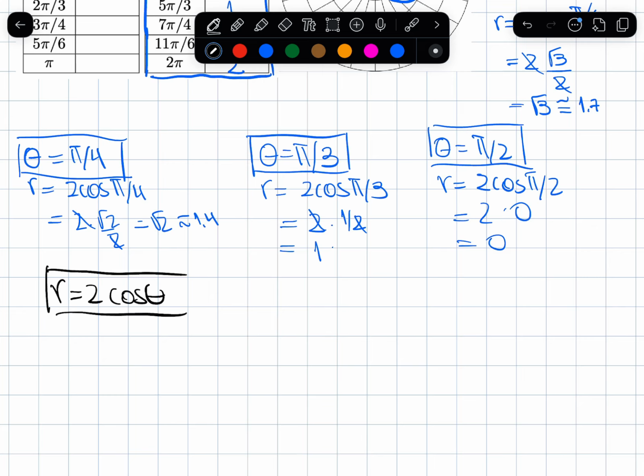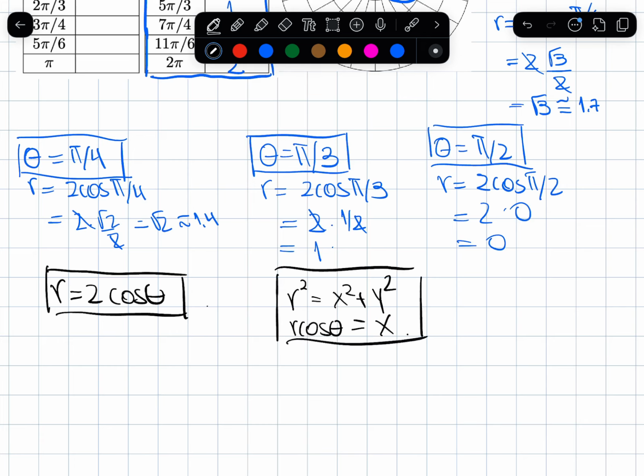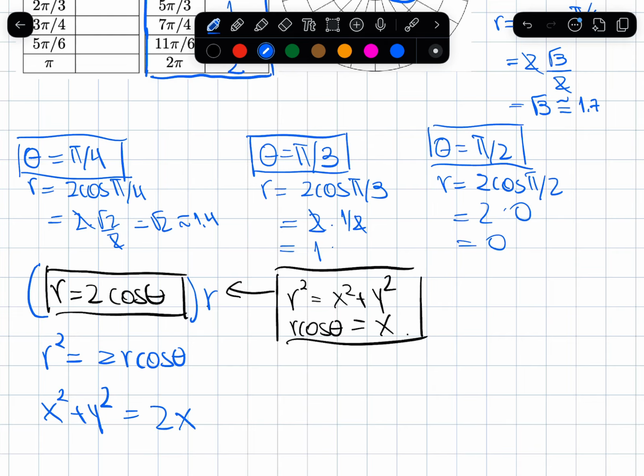I know r squared is x squared plus y squared, and I also know that r cosine theta is x. So with those two things in mind, what can I do to this equation to get these two pieces so that my equation looks a little bit better? If I multiply both sides of this equation by r, I'm going to get r squared equals 2r cosine theta. So I'll get x squared plus y squared equals 2x.